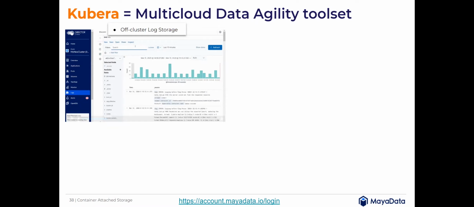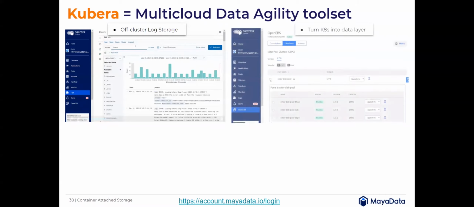But Kubera has a managed ELK stack, which you can use even with the free account. You can use Kubera to store your logs, and in any disaster scenario, when clusters are not accessible, you can access your logs.